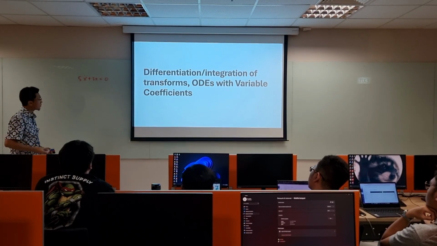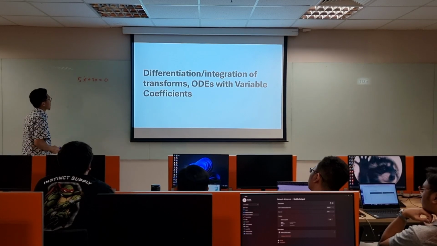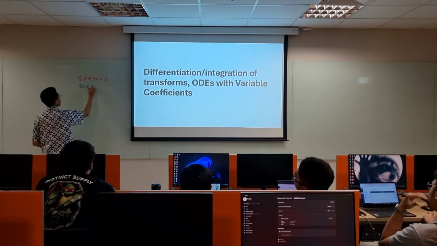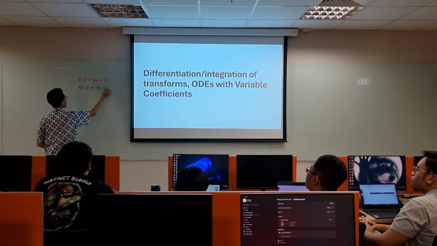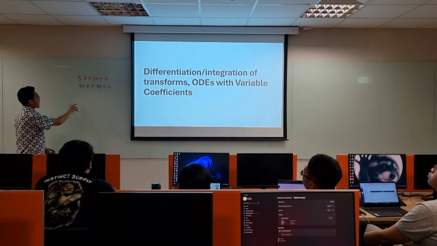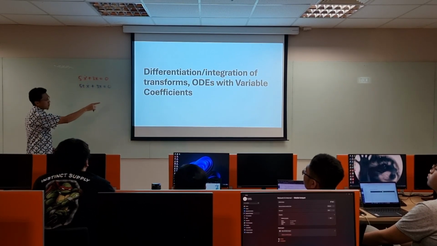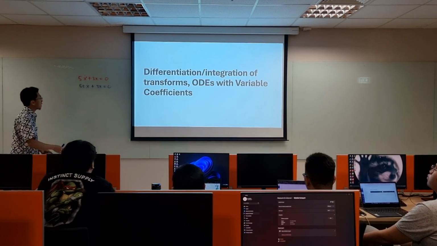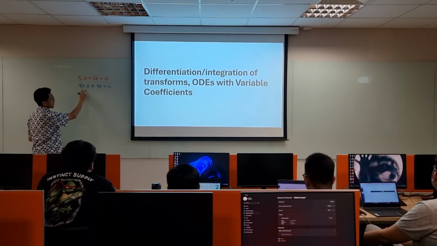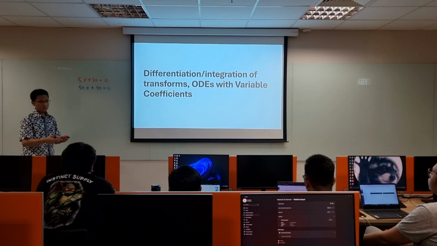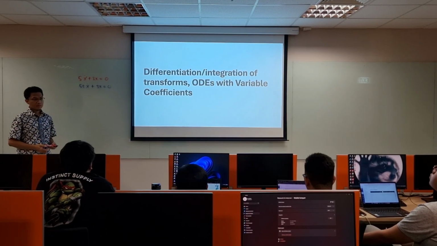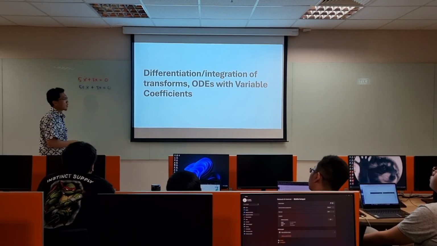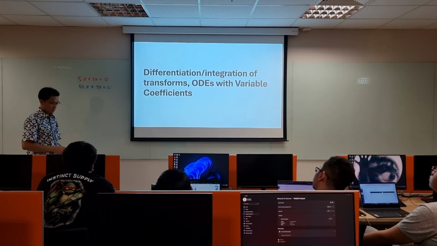However, if you have 5t x dot plus 3x equal to 0, then the t here represents the variable coefficient. The term multiplied by x dot is changing with time. In this case, it's constant. In here, it's changing with time. So how do we solve it if we have this kind of problem?